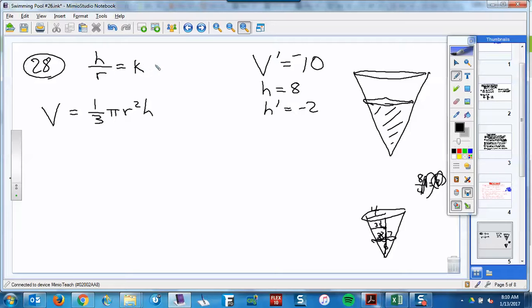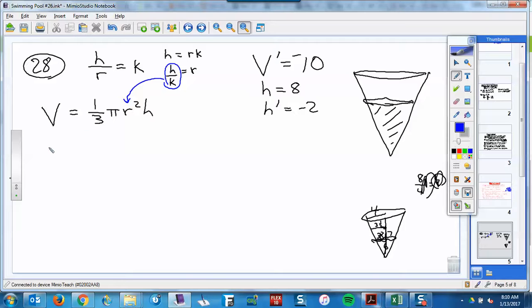So that allows us to multiply to get H equals RK, and then divide by K. R would equal H over K. Now do you see the nice thing about that? Because that's just a constant. So now we can substitute it right there.